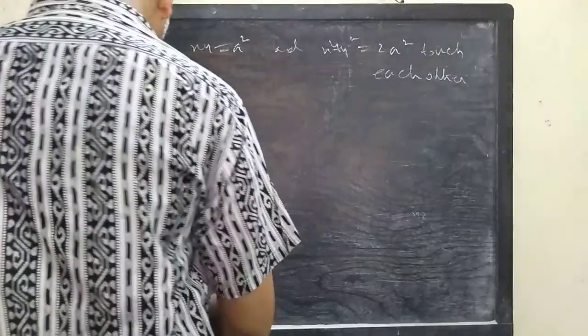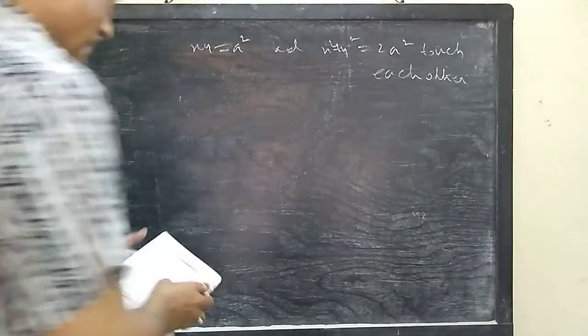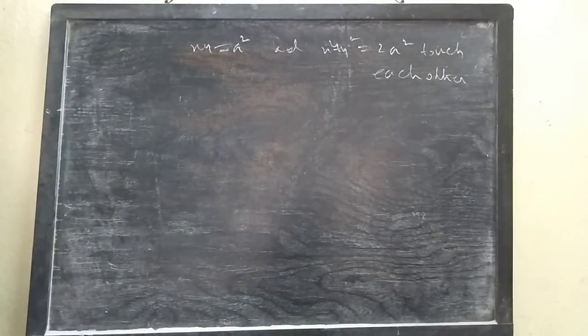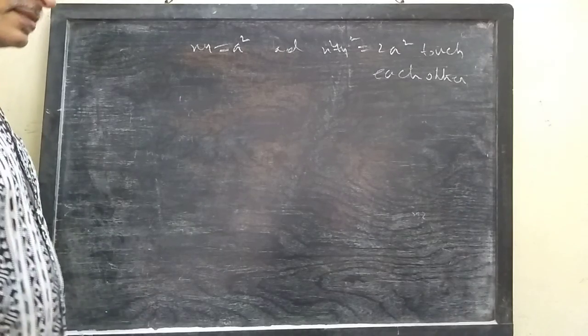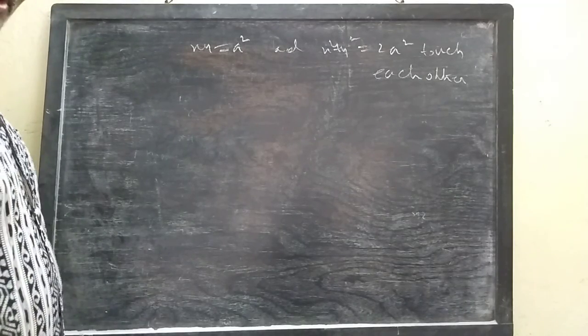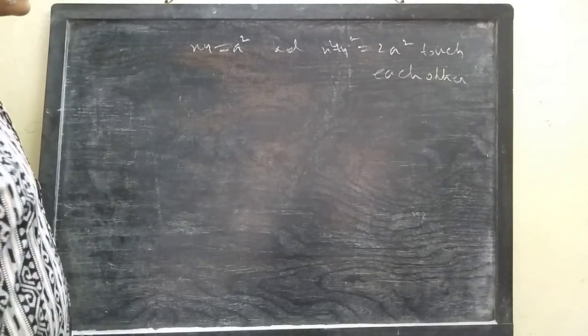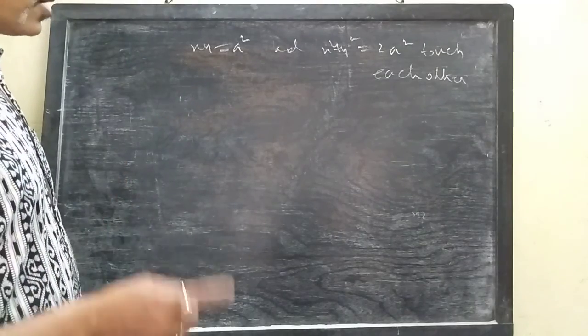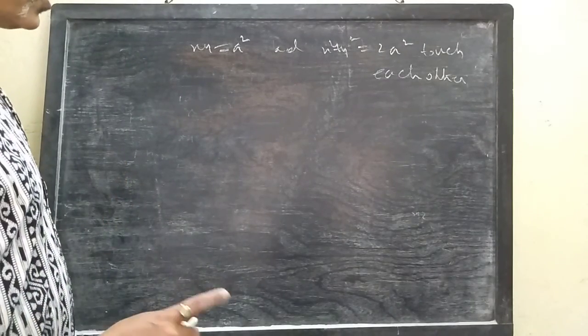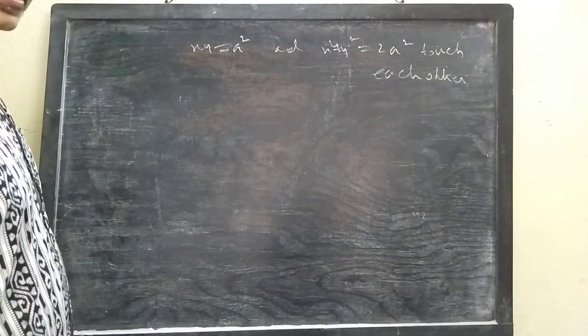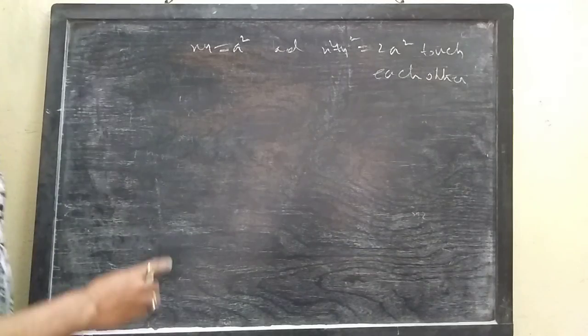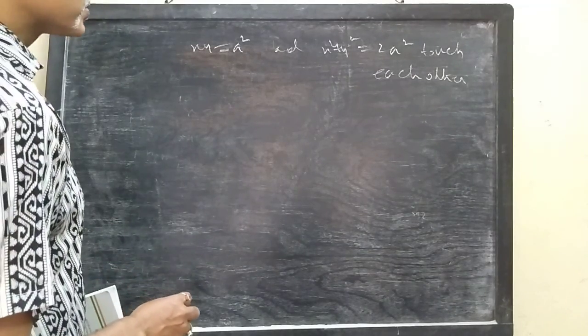So when do they touch each other? The tangents at the point of intersection are parallel. When tangents are parallel at the same point, they must be identical. That means when we find a common tangent between the two curves at the point of intersection, then the curves touch each other. So first find their point of intersection.